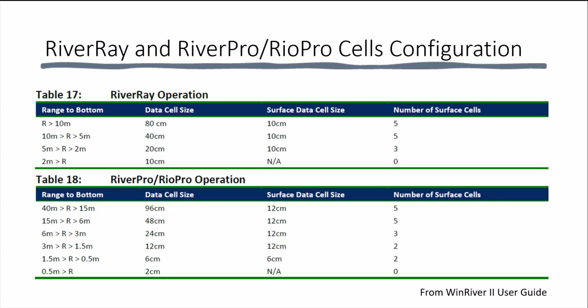Between 3 and 1.5 meters, the regular cells are reduced to 12 centimeters, and there are 2 12-centimeter surface cells. Between 1.5 and 0.5 meters, the regular depth cell size will be 6 centimeters, and there will still be 2 6-centimeter surface cells. Below a half a meter depth, the depth cell size will be 2 centimeters.